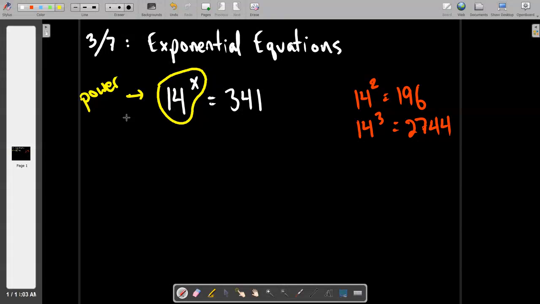After you get the power by itself, your job now is to do something, and get used to saying this out loud. We're going to log both sides. So I'm going to take the log of the left side and the log of the right side.